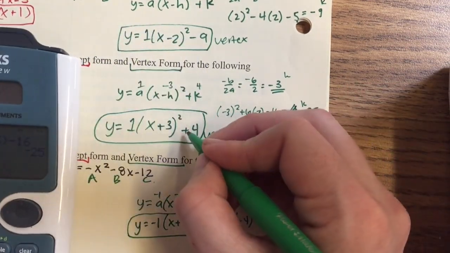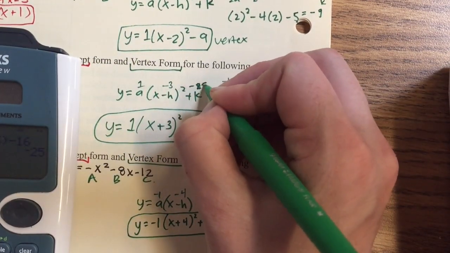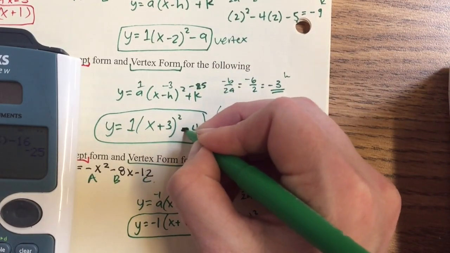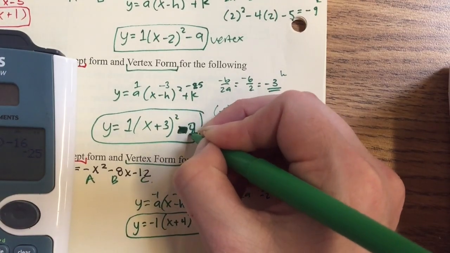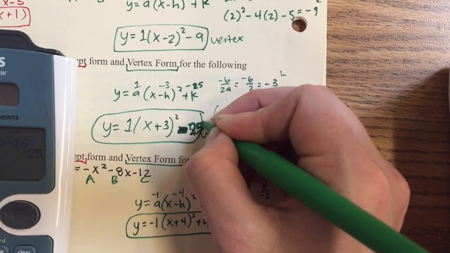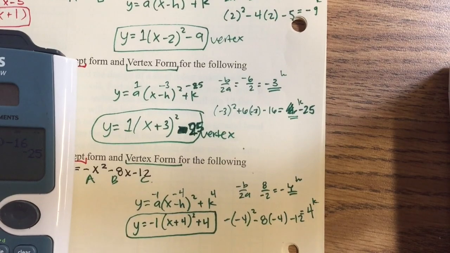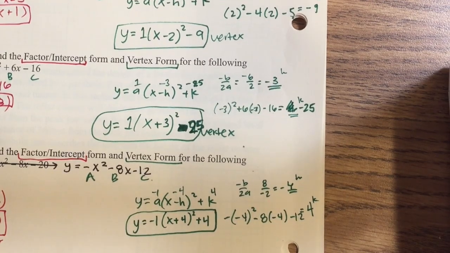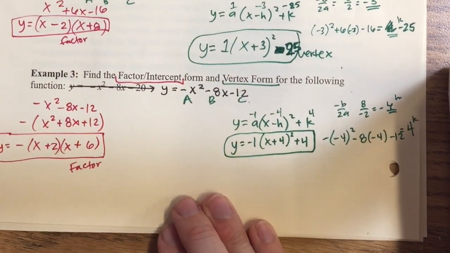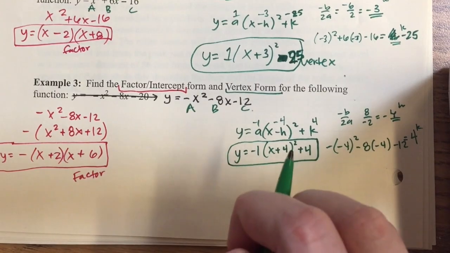So I just need to change this to a minus. -25. Sorry about that. So we know how to factor it and how to do vertex form.